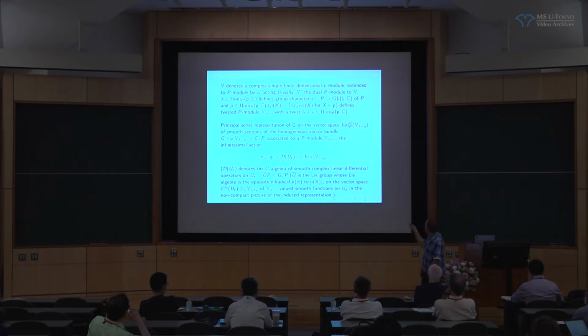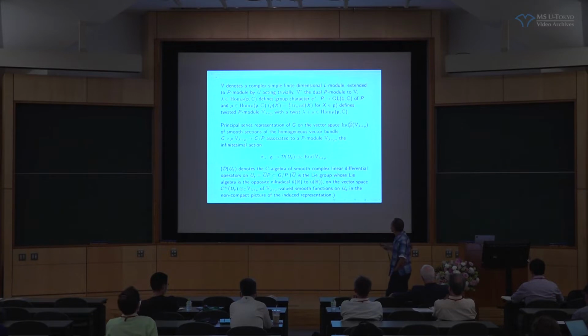So this allows us to define the notion of a twisted P-module depending on that continuous parameter, the character lambda, perhaps shifted by rho. And then the principal series representation of G is on the vector space of smooth sections of the induced representation from P to G, the P-module V twisted by character lambda plus rho, of the homogeneous vector bundle over G over P associated to that inducing module.